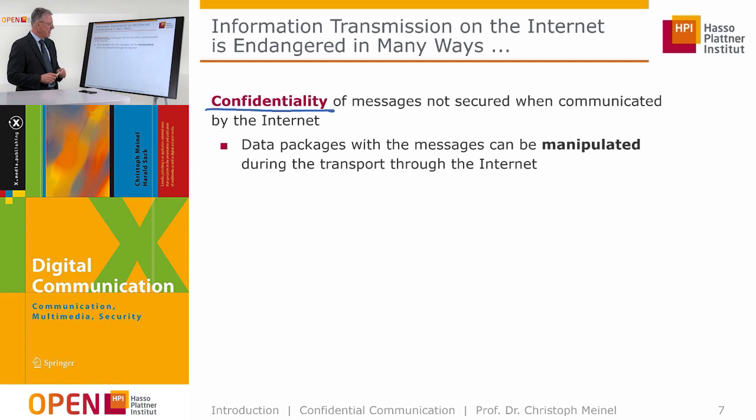Data packages, which is the typical way that information is communicated in the internet, contain the message or a part of the message, and when they are transported through the internet, they are transported from one network to another network. You remember, the internet is a network of networks, and these different networks are connected by routers. And who has access to this router? Who has access to all the data that are transported via this router and has the chance to manipulate this?